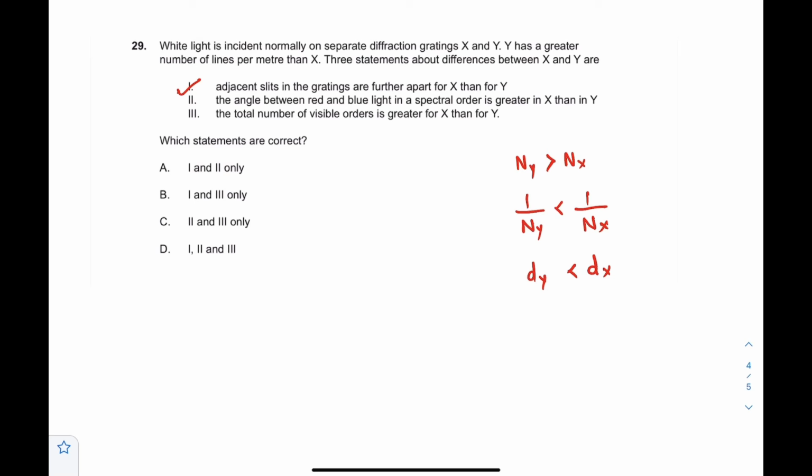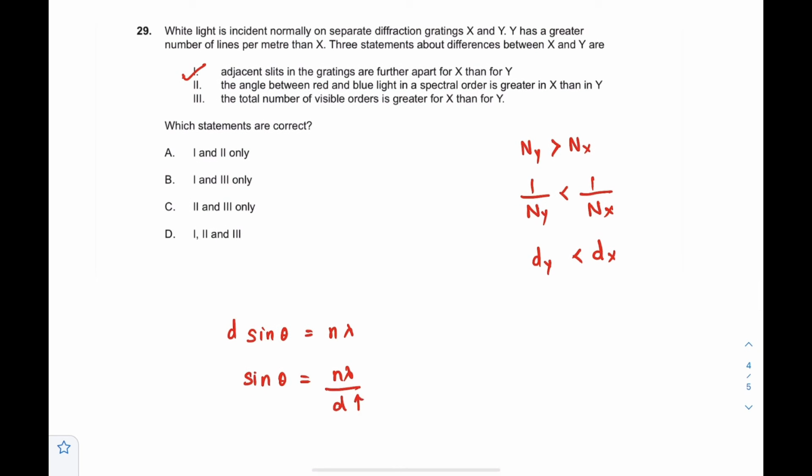From the formula we know that d sine theta is equal to n lambda, so sine theta is equal to n lambda by d. When d increases, sine theta decreases, and when sine theta decreases, theta decreases.